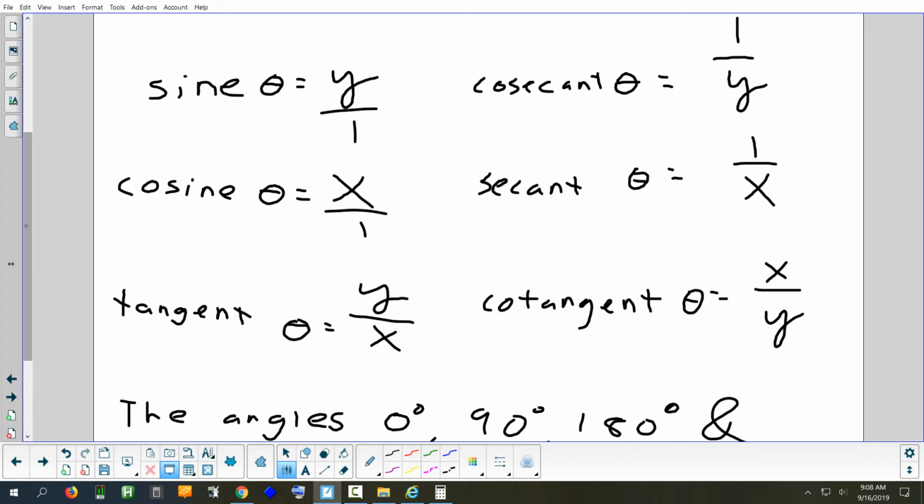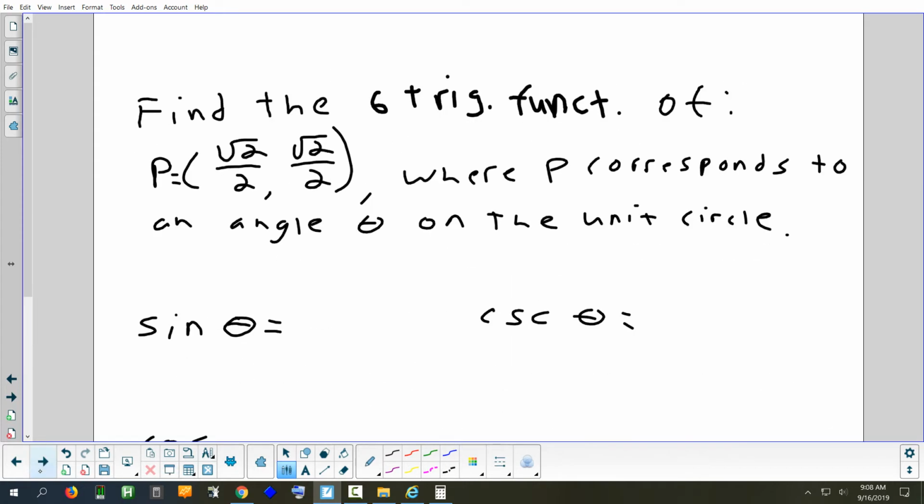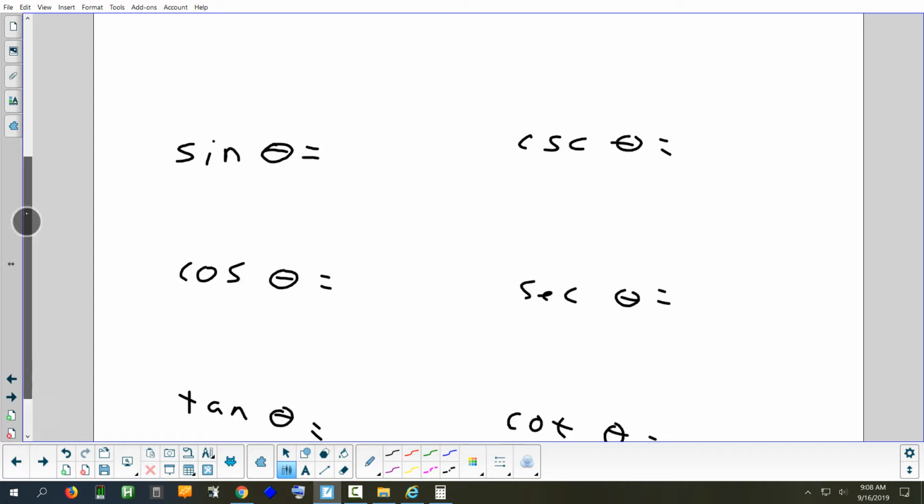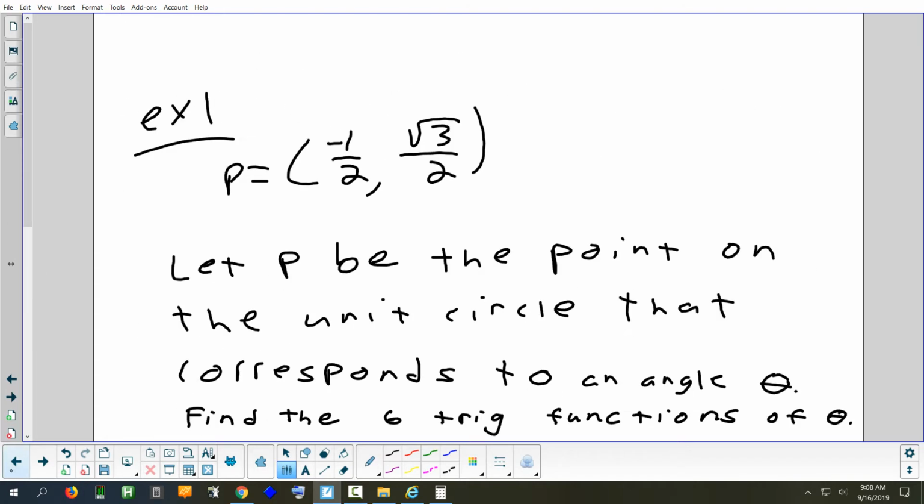But on a test, I'll only ask you one of these functions per problem. Like maybe question 1 on the test will be about sine. Question 2 will be about secant. Question 3 will be about tangent. We're not going to do all 6 like this in the same problem on the test. But to practice, we'll try all 6.